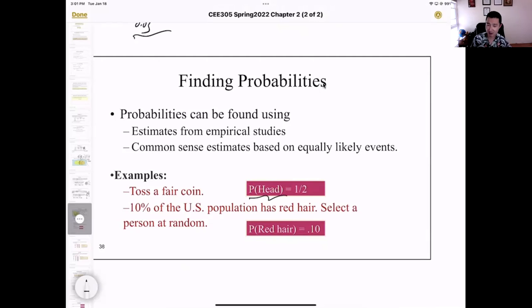So that's the chance we have tail. 10% of the US population has red hair. This is based on an empirical study, a kind of survey, for example. So select a person at random; based on the empirical study, P(red hair) is 10%.